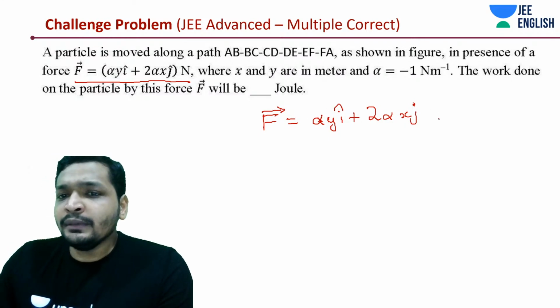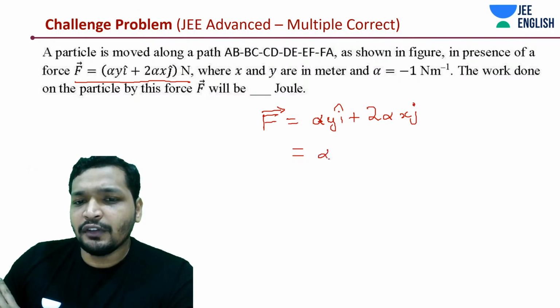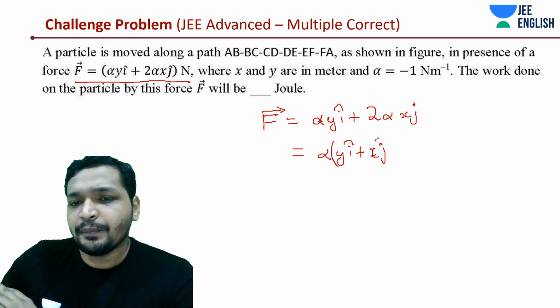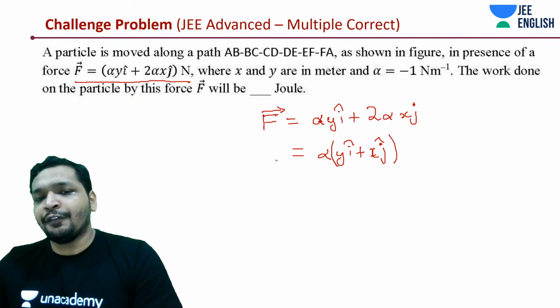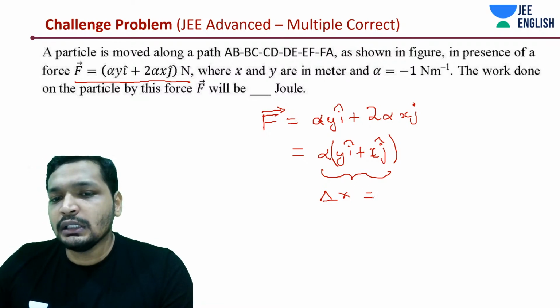One thing I could do is write it down in the form of a conservative force: alpha into y i cap plus x into j cap. If you do del cross F of this part, it would be 0.